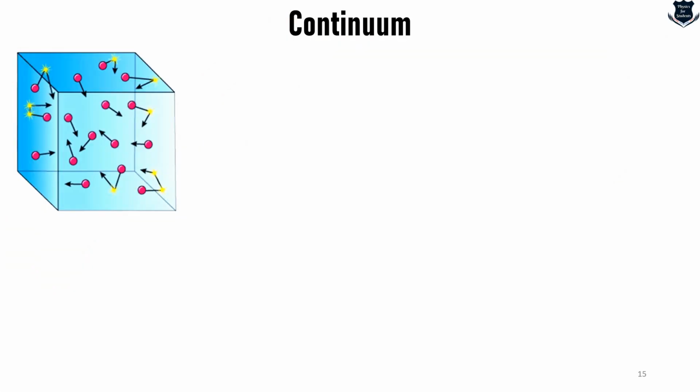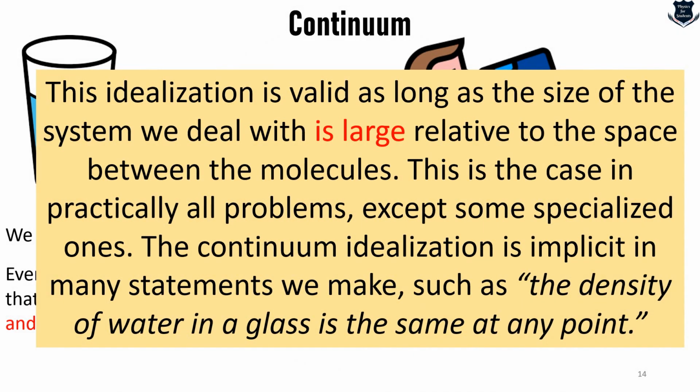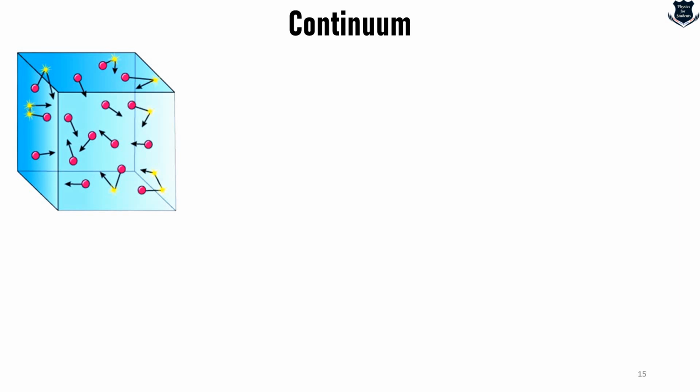Now, we were saying that the systems are so large and so dense. In order to have a sense of the distances involved, let us take an example: consider a container filled with oxygen at atmospheric conditions.